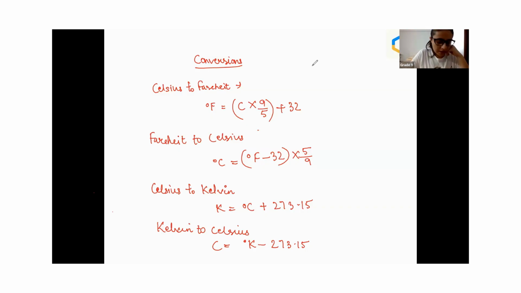And I'm going to give you a numerical now. I have saved some numericals for you. Okay, so there isn't much about degree Fahrenheit to Kelvin.